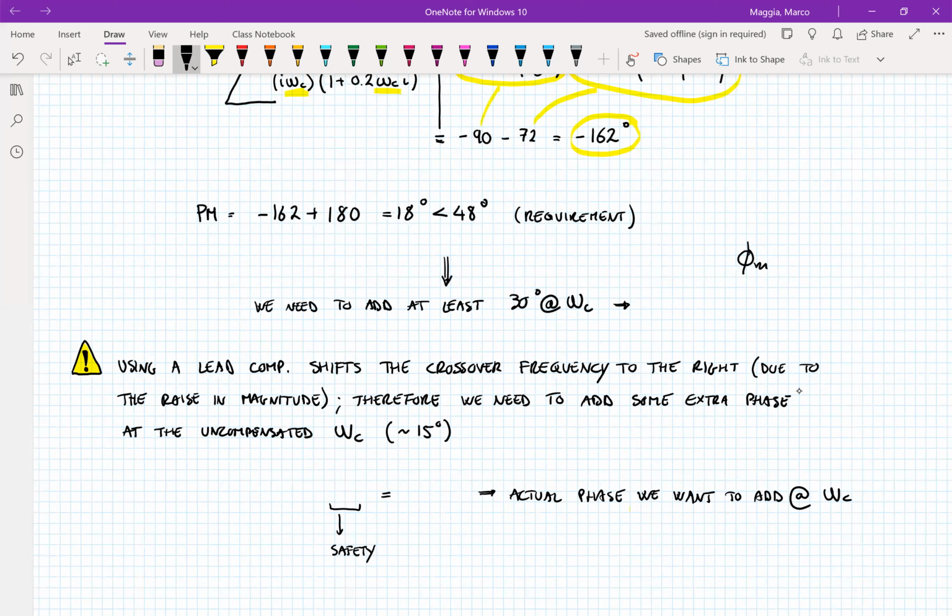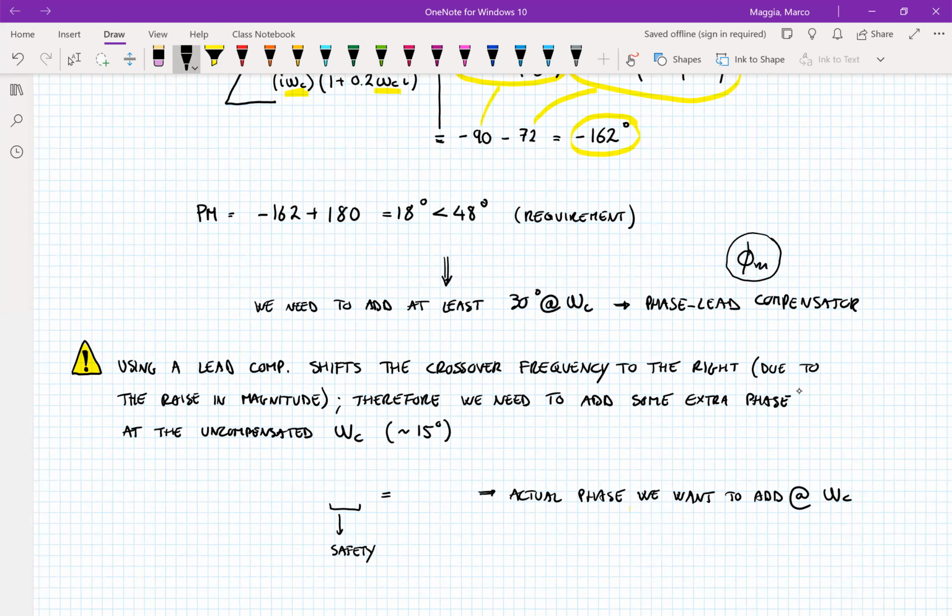So we can think about using a phase lead compensator, because that's what the phase lead compensator does. It adds phase, and here we have to add about 30 degrees of phase. So why not use that? So we already have the amount of phase that we want to add, phi m.